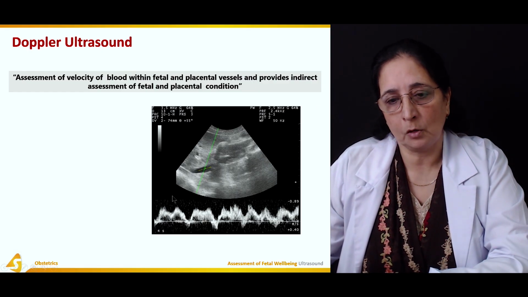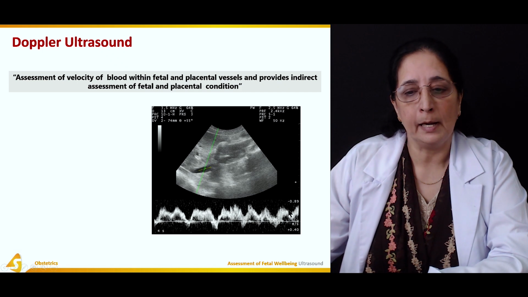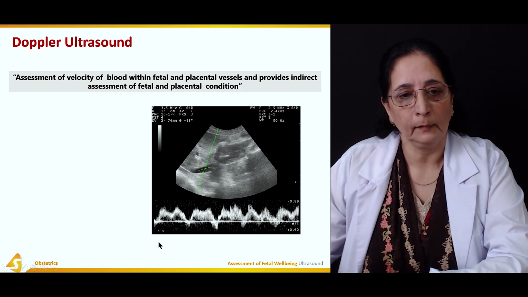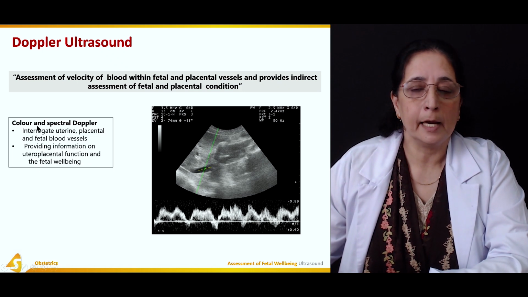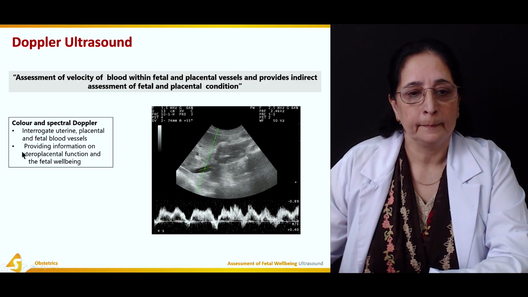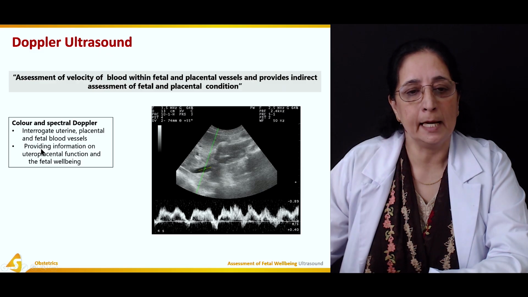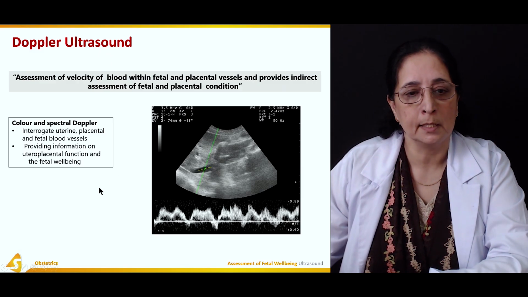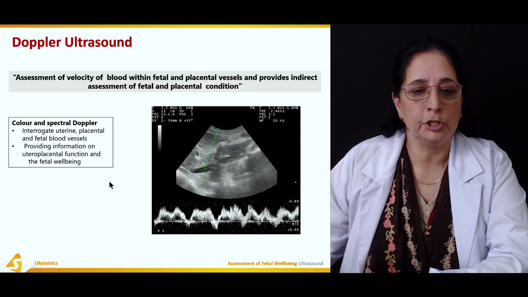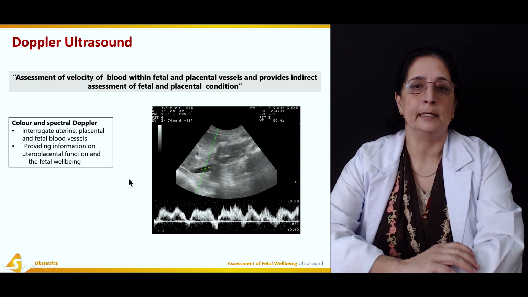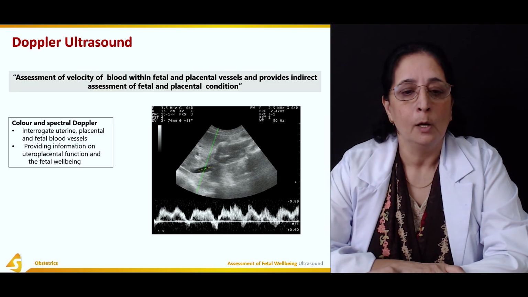This is the picture obtained by the Doppler ultrasound that gives the picture of the blood flow. It can be color and spectral Doppler. It interrogates uterine, placental and fetal blood vessels and provides information on uteroplacental function and fetal well-being.